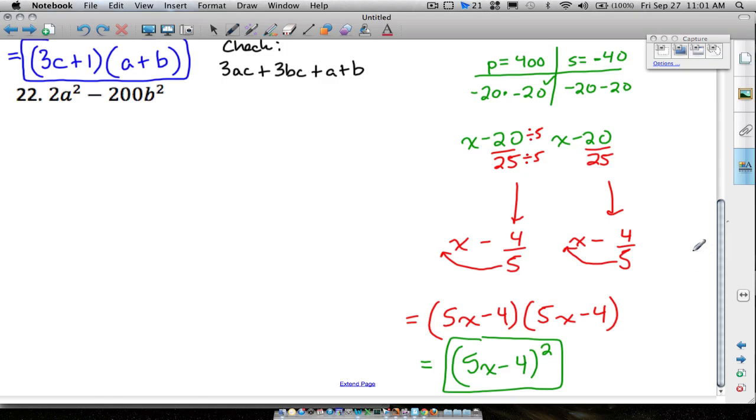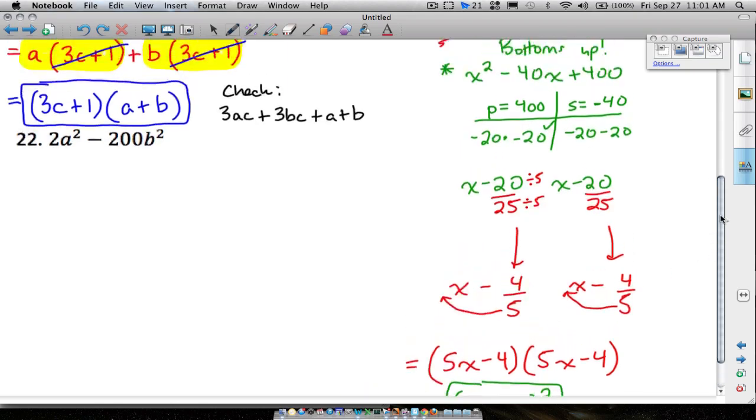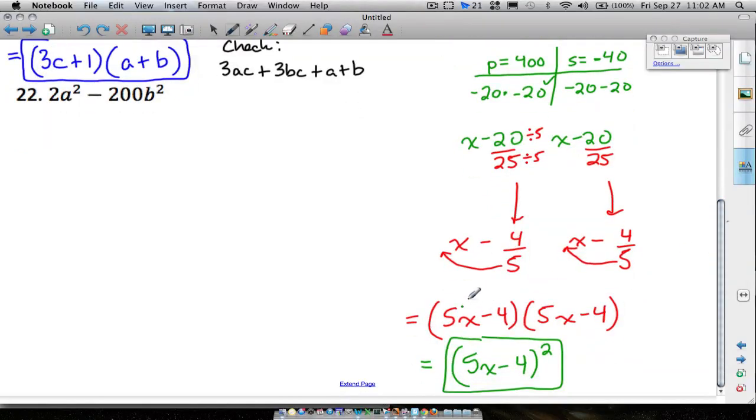Now, however, let's go back and check real quick. I'm going to check using this one. 5x minus 4 squared is 5x minus 4 times 5x minus 4. Checking that real quick. 5x times 5x, let me do this over here to the side, that's going to be 25x squared. This is just me checking.